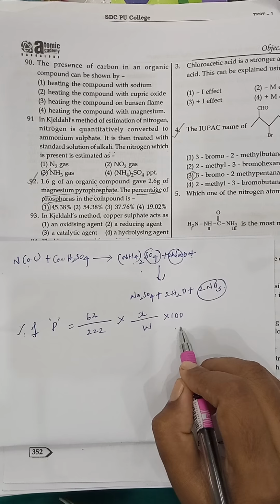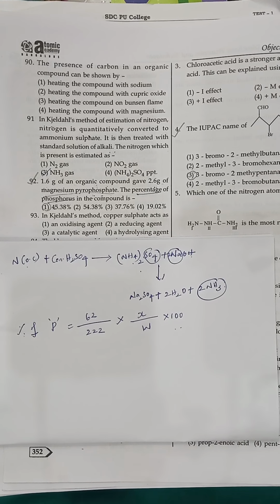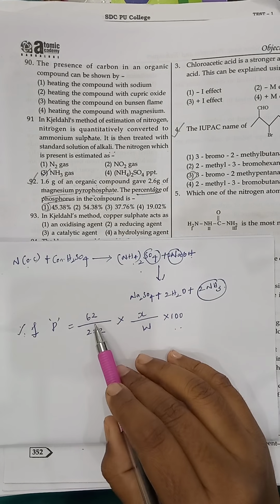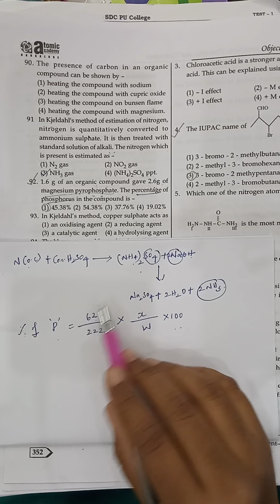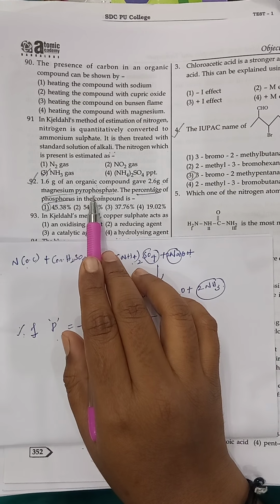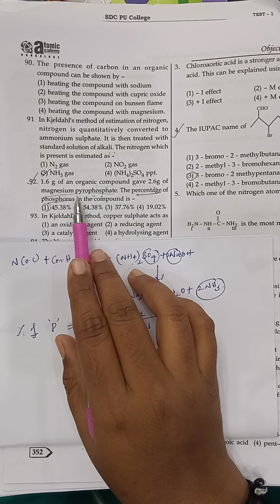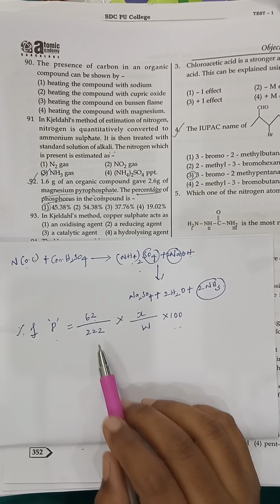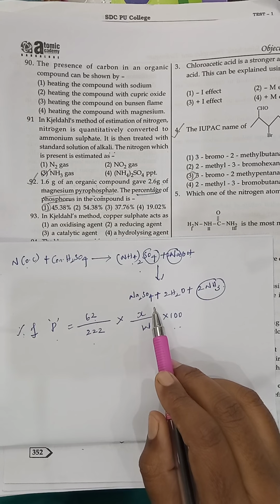Because we want the result in the form of a percentage, so we multiply it with 100. So what is happening here: first we take the weight of phosphorus, 62, over the molecular mass of magnesium pyrophosphate, 222, into X. What is this X?